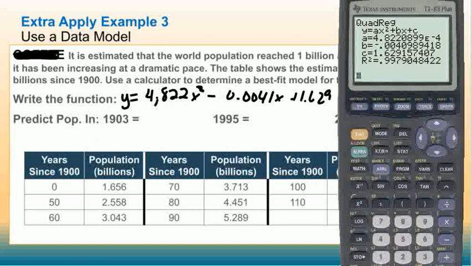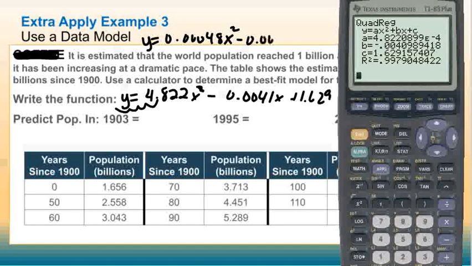That's 1, 2, 3, 4. So that means I would have y equaling 0.00048 x squared minus our b. We're going to keep that the same because there's no e's there, so it'll be 0.0041x, and then plus 1.629. So that would be our function here.